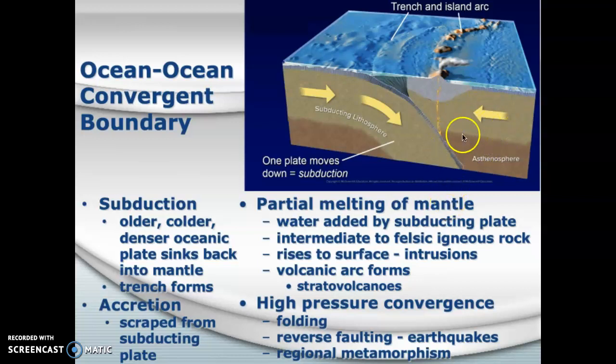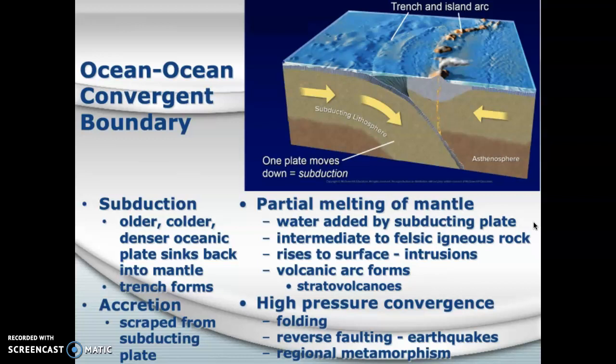So what else happens? Well, the next bullet you'll see here says partial melting of mantle. What's going on with that? Well, this gets a little more complicated, but that subducting lithosphere is wet. It's wet with water from the ocean. It was ocean type crust on top there. And so some of that seawater soaks in and becomes part of the lithosphere.